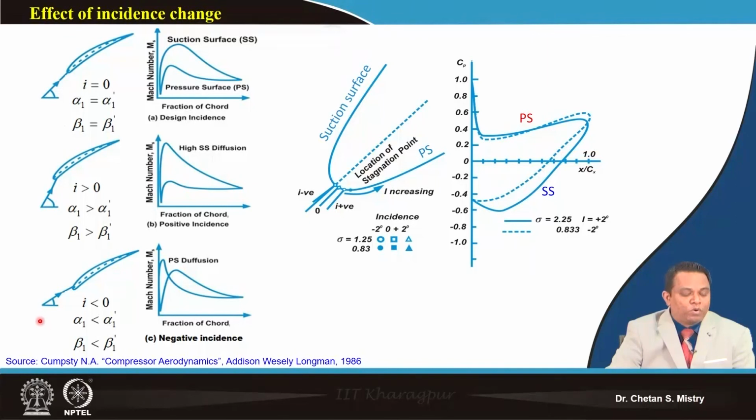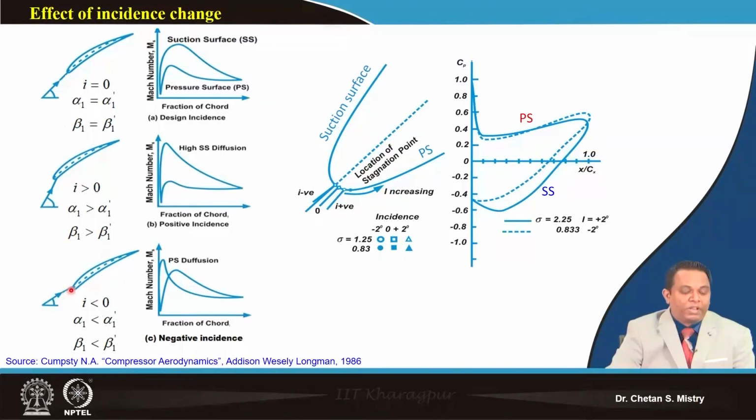Now, suppose I consider my incidence angle is less than 0, so we are having a negative incidence angle. Then my stagnation point will not be exactly at the center, but will be moving towards the suction surface. So, you can say this is the place where my flow is getting incident.